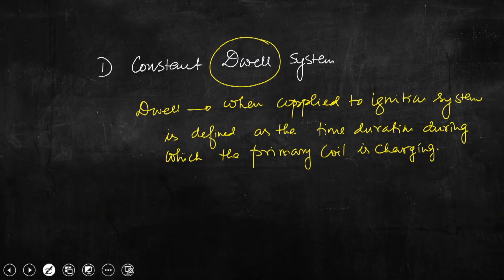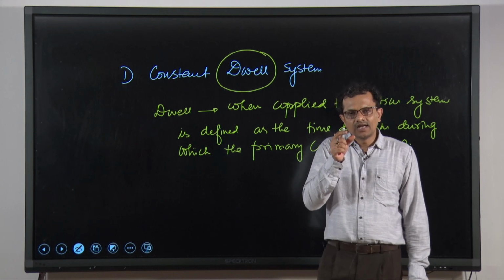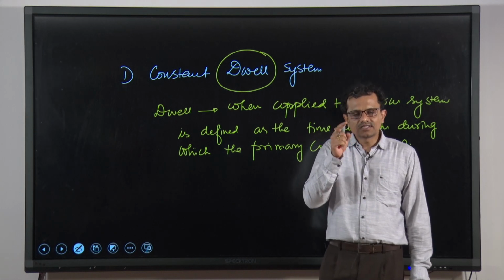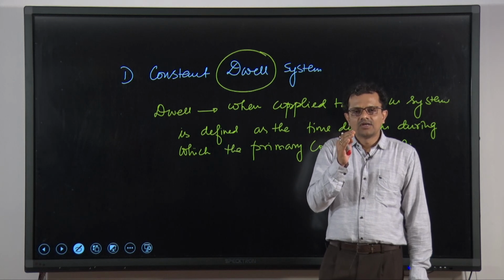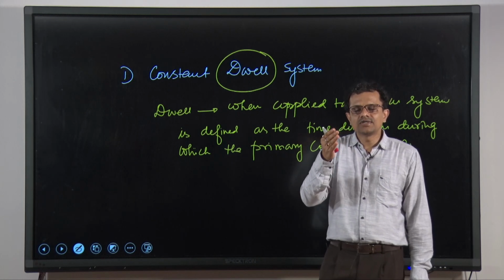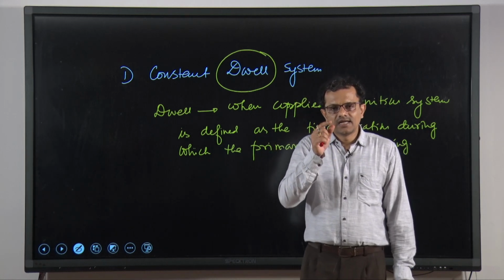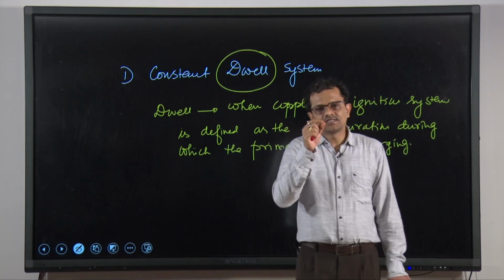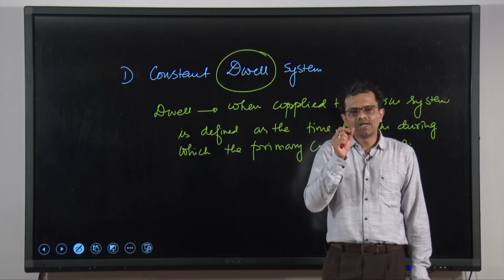Even if we consider a battery ignition coil, had we considered a constant movement of the breaker cam, no matter what the engine speed is, that opening and closing time would be fixed, then the charging of the primary coil would remain the same and the dwell time would remain the same.